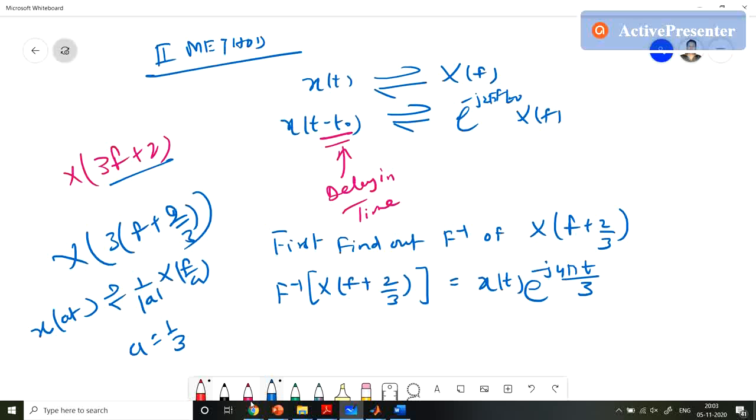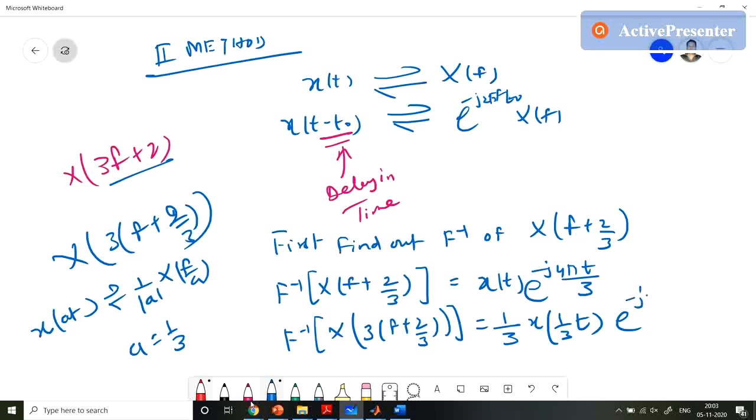If we do scaling, then the inverse Fourier transform of X(3f plus 2) is equal to 1 divided by 3 x(1 divided by 3 t) e raised to the power minus j 4 pi t divided by 3. This is our final answer.